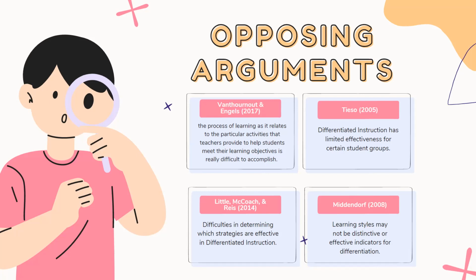Faber, Glass, and Fisher also showed that medium and high achievers in specific grades experience greater impacts in mathematics compared to low achievers. This suggests that differentiated instruction may not be equally effective for all students, particularly those who are struggling academically.